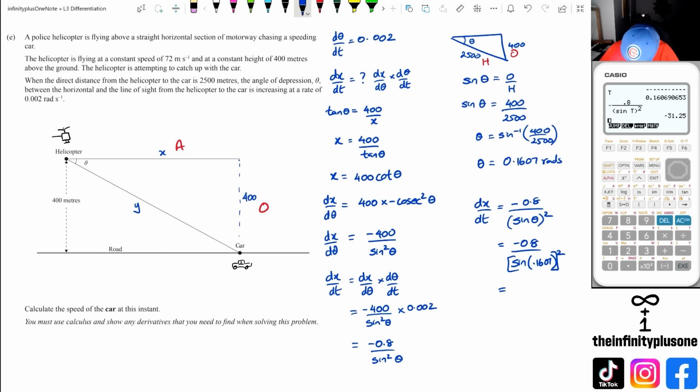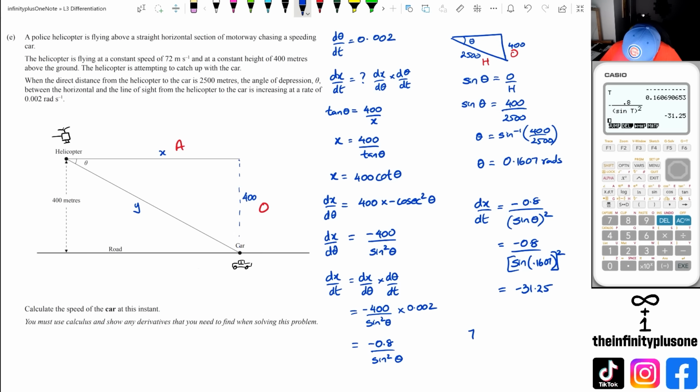So we've got minus 31.25. That means the helicopter is traveling at 72 meters per second, right? Now, the rate at which that distance is decreasing is minus 31.25.